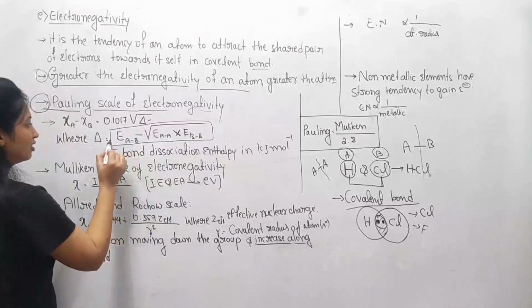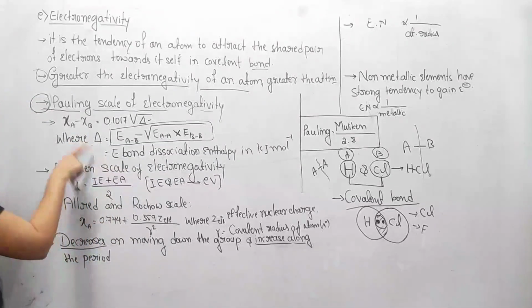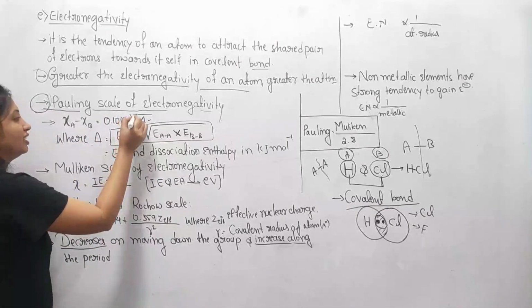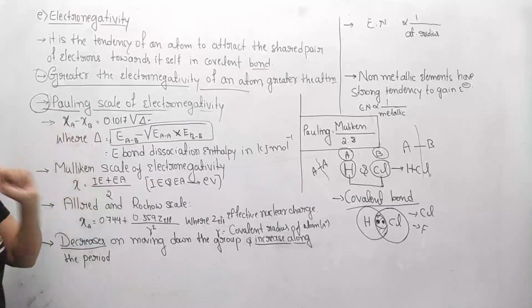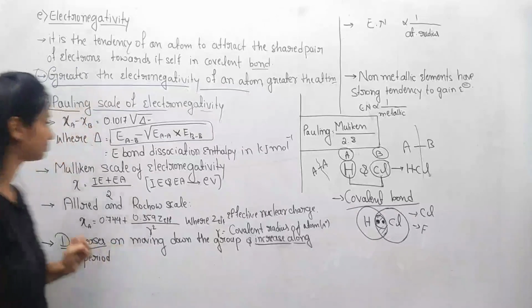In a numerical, first you have to calculate the delta, then you put the delta value in this square root and multiply with this value, and then you get the difference between the electronegativities.